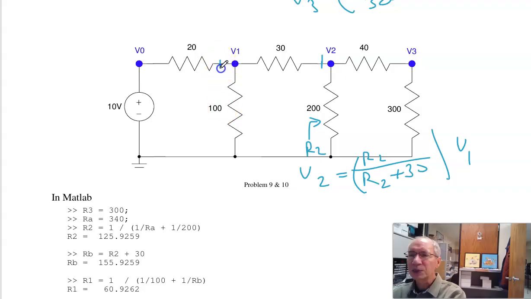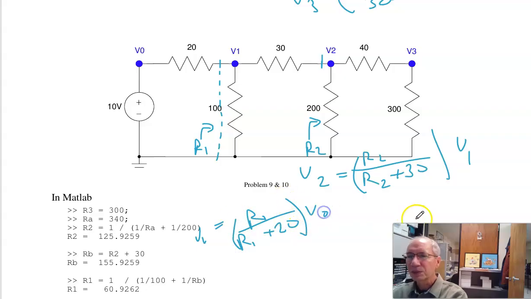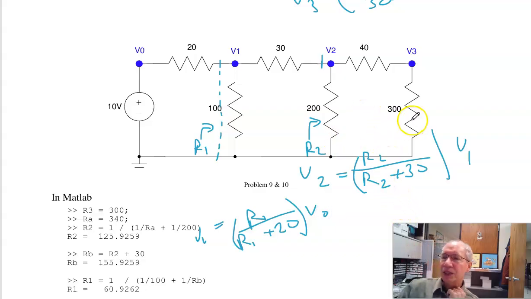V1, take this point looking right, the resistance, call that R1. Once I know R1, then V1 is R1 over the total, R1 plus 20, that percentage of V0. So that's the trick. Find these resistances. This one's 300.